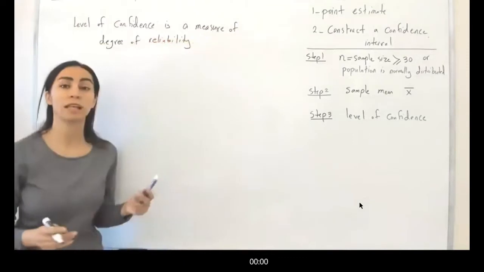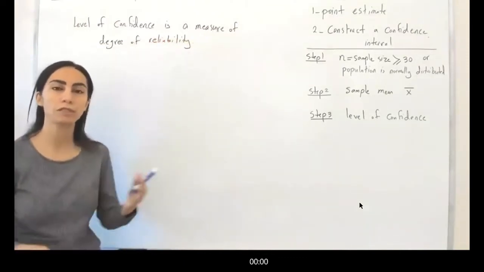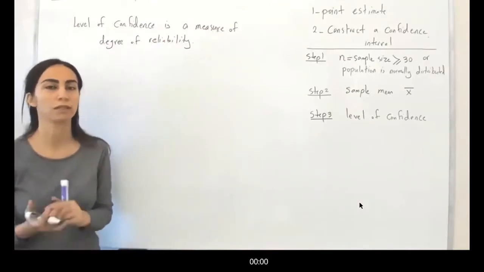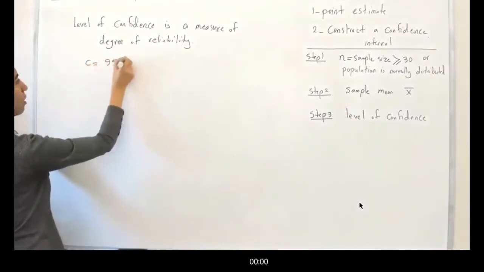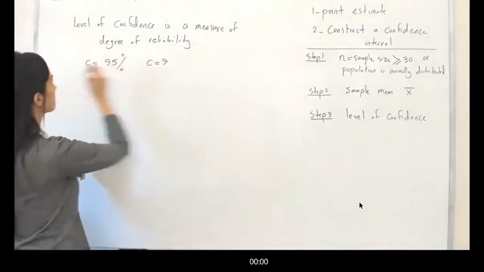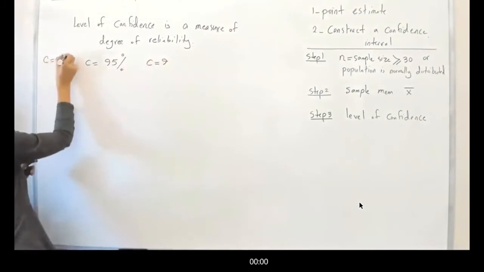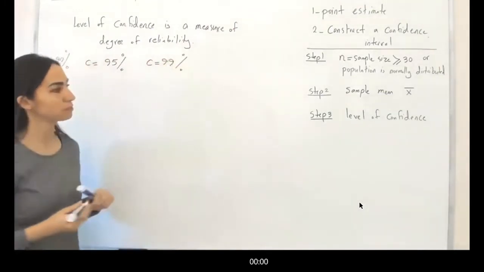When it comes to statistics, we usually work with 90%, 95%, or 99% level of confidence. These are popular levels of confidence in statistics. So 90%, 99%, and 95%.